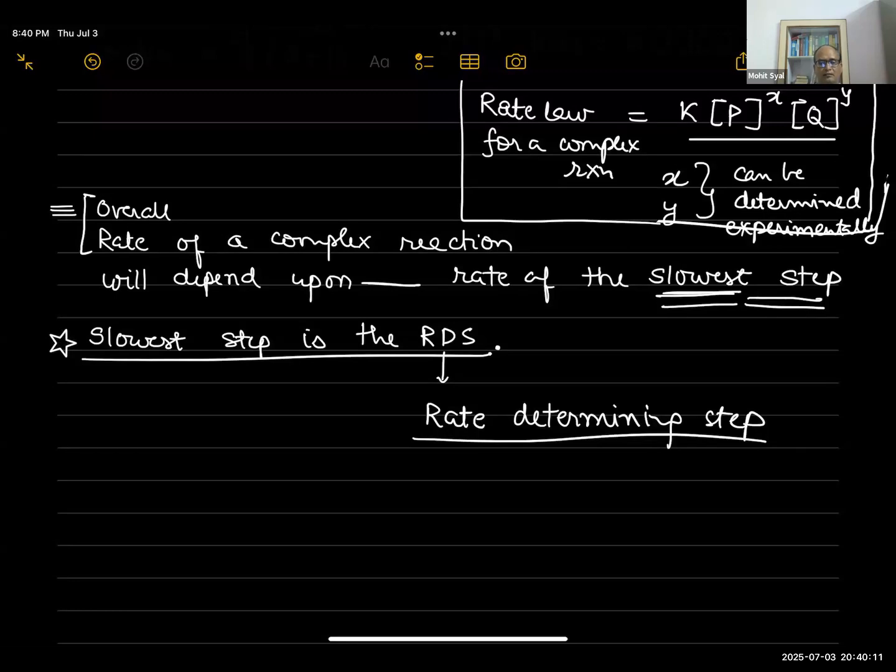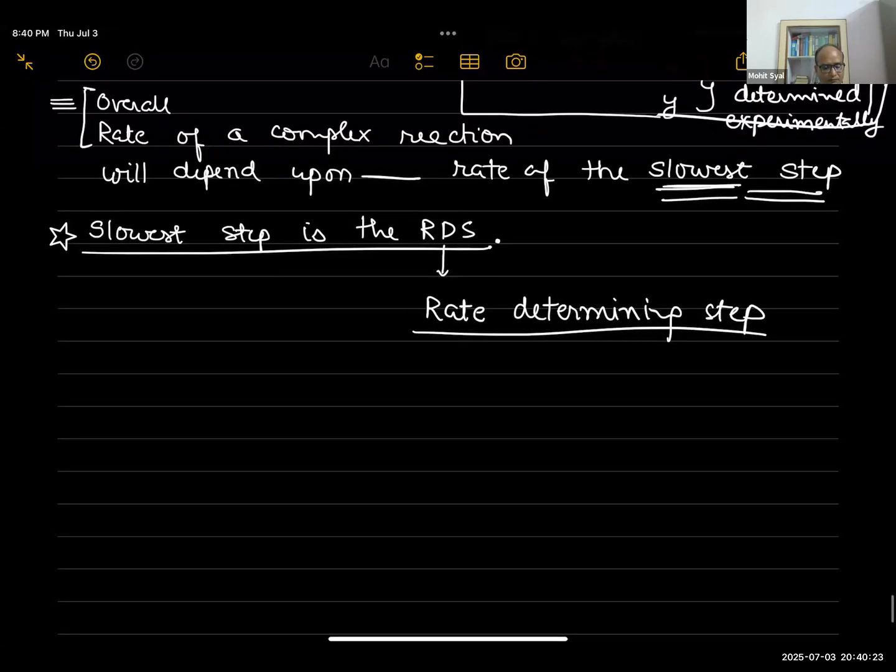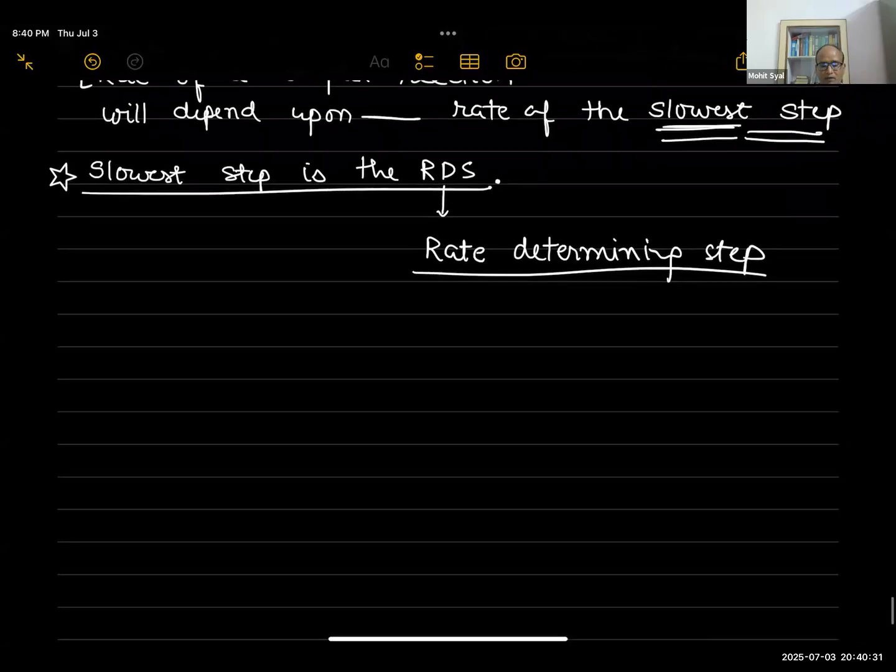Any doubts on this? Yes. Okay. Now let's take some examples of mechanisms, and let's try to figure out what is the rate law. Okay.